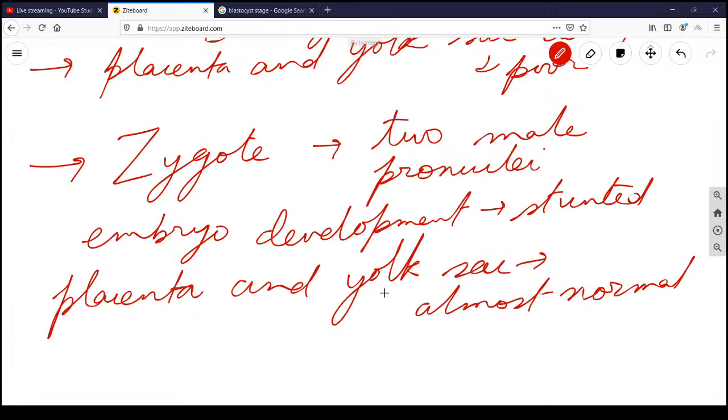Same if you put two males, again the expression will coincide and differential expression will be removed or truncated, and then the embryo development will be stunted. Okay, that is how intricately poised the development is. You cannot just fool nature, because you will think that this is only DNA, no problem, and we will proceed with the process.